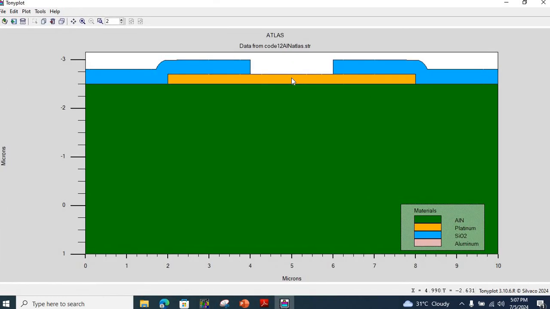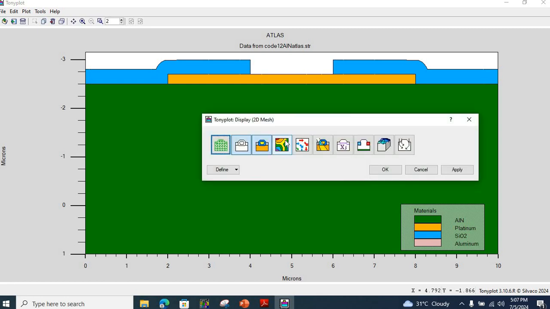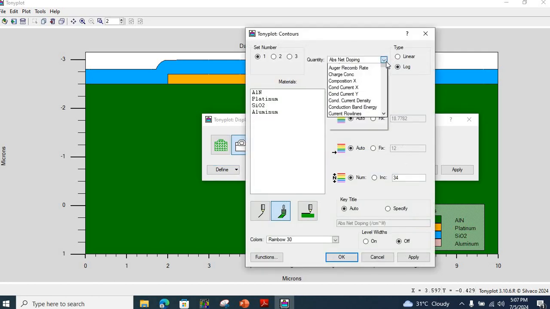Here is the structure under thermal equilibrium. We can right click on the structure, go to contours, click on contours, go to define, click contours, and click on current flow lines.